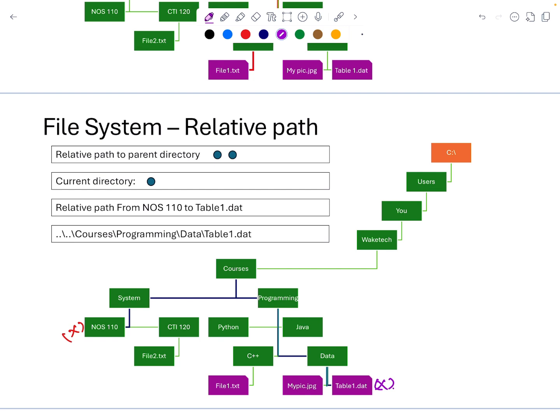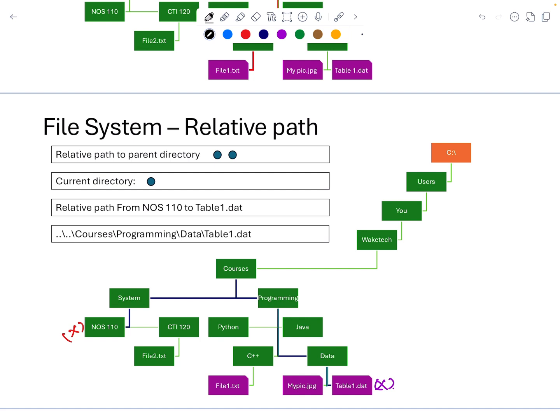Again, there are a couple of key things I'll go through here. The first step is that NAS110 is in system, its parent, but table1.dat is in the lineage of programming, right? So in a way it's in a parallel structure. The key thing is if you're trying to access something like a sibling, you cannot hop from one sibling to another sibling.